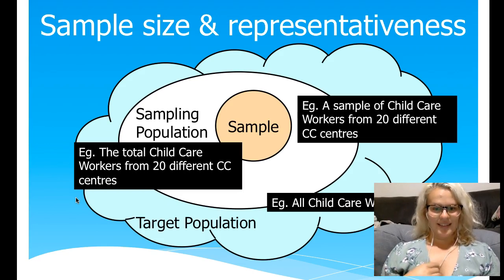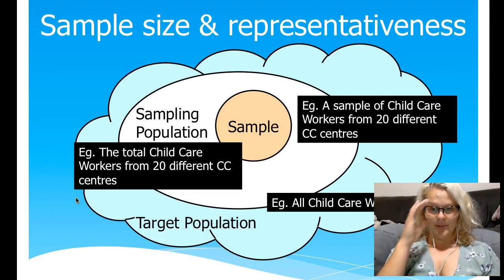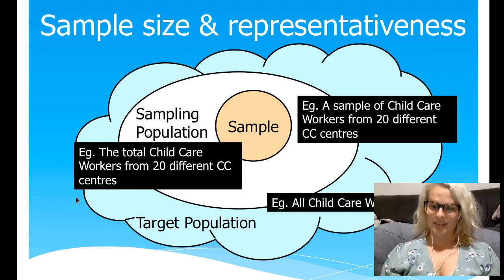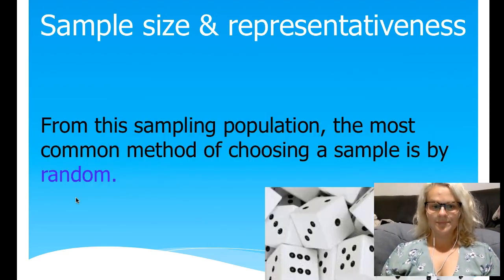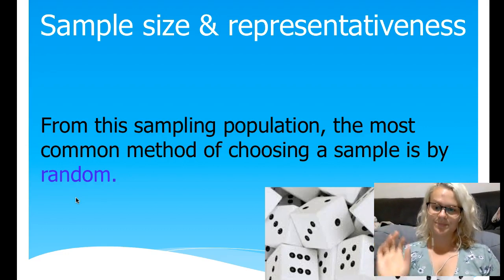So here's another example. The target population is all child care workers. The sampling population is the total child care workers from 20 different childcare centres, and my sample would be the 20 different childcare centres in that. The most common and the easiest way to get that representativeness is through random selection of our participants.